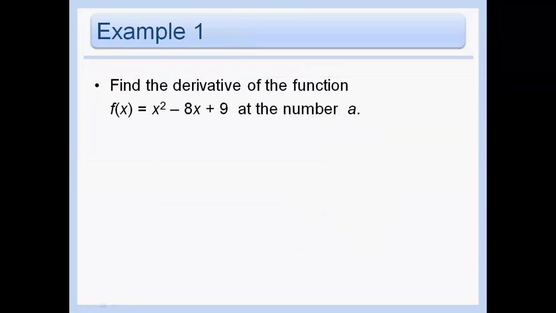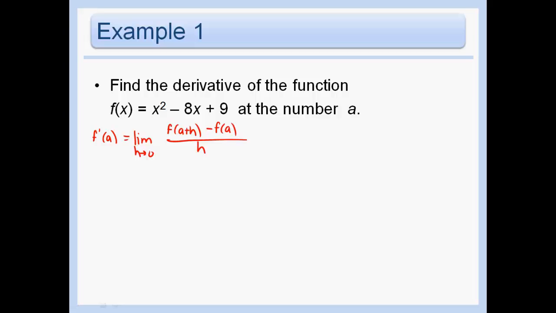Find the derivative of the function f of x equals x squared minus 8x plus 9 at the number a. So what we want to find is f prime of a. And let's go ahead and use my favorite of the two formulas. As h approaches 0, of f of a plus h minus f of a all over h.